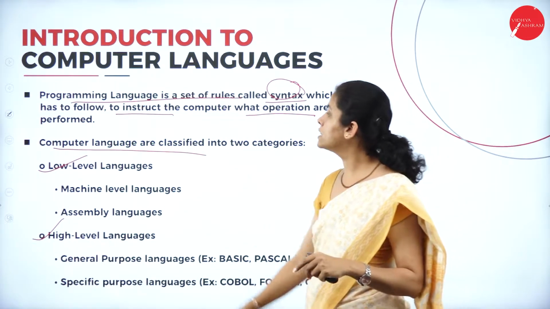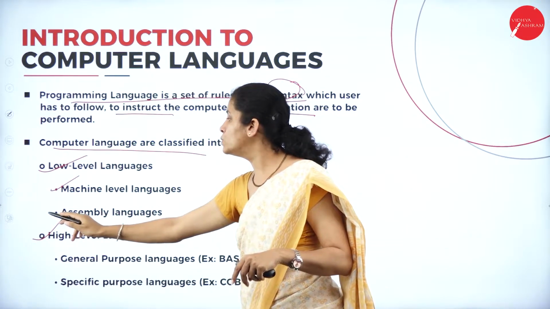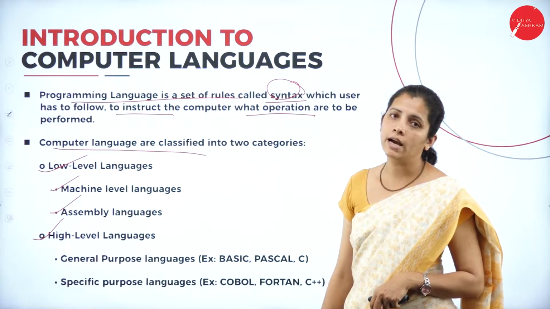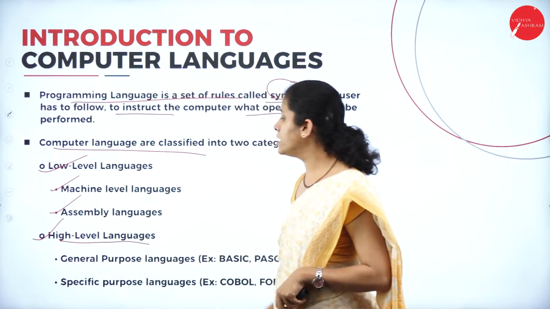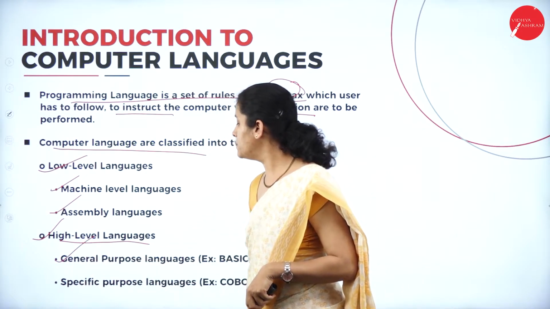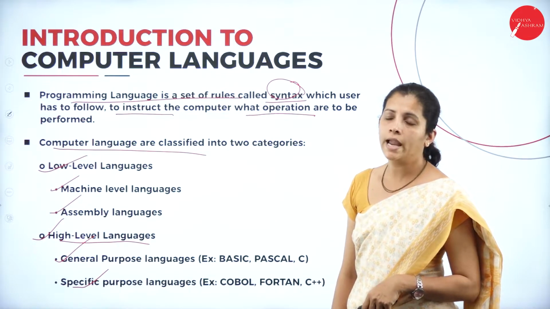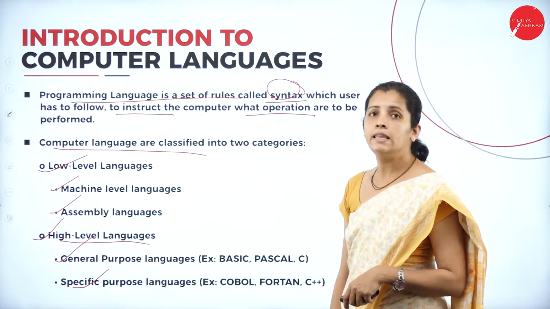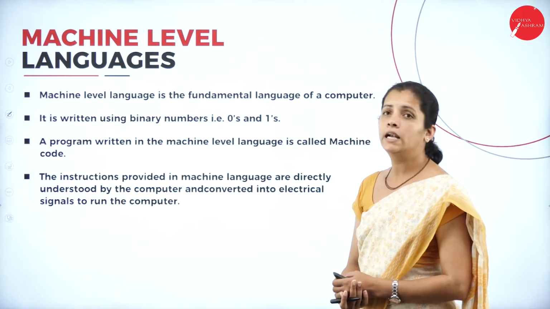And if I go with low-level language, once again it is classified into two types, machine-level language and assembly-level language. And if I go with high-level language, then it is called general purpose language and specific purpose language. Anyway, dear student, let's see the types of programming language in depth.